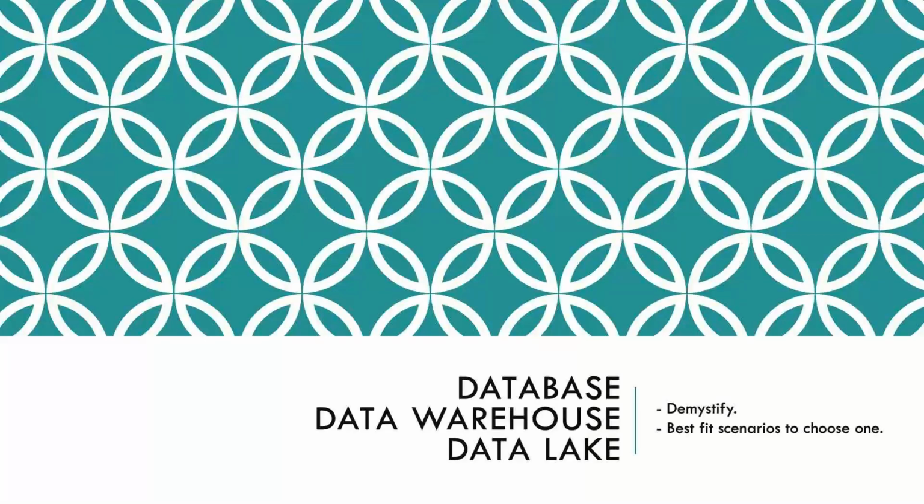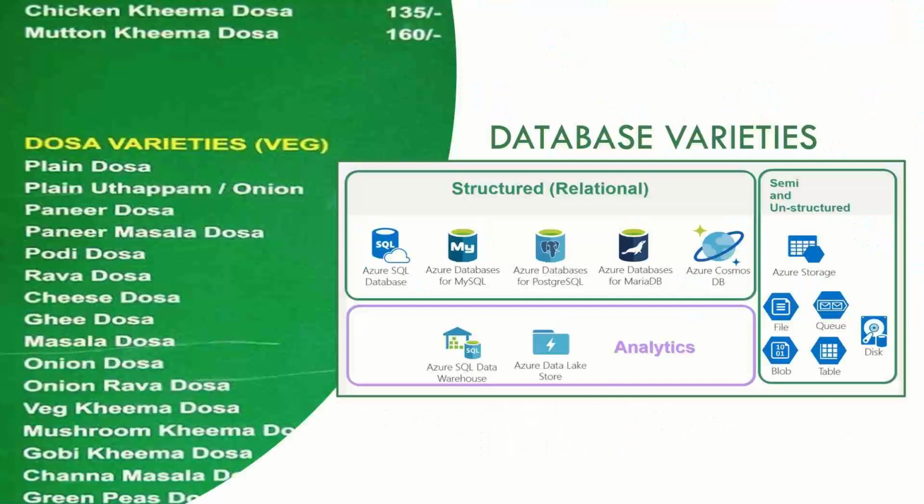As a first section, let me demystify what a database is, what a data warehouse is, and what data lakes are, and in which scenario a specific category is chosen, right? What do you think about this image?